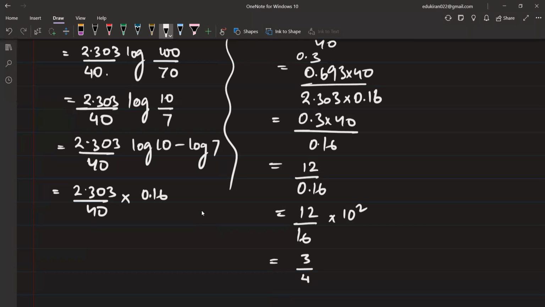Yes, guys, 3 by 4. So 3 by 4 will be what? 0.75. So we can say that into 100, so it will be approximately 75 minutes.